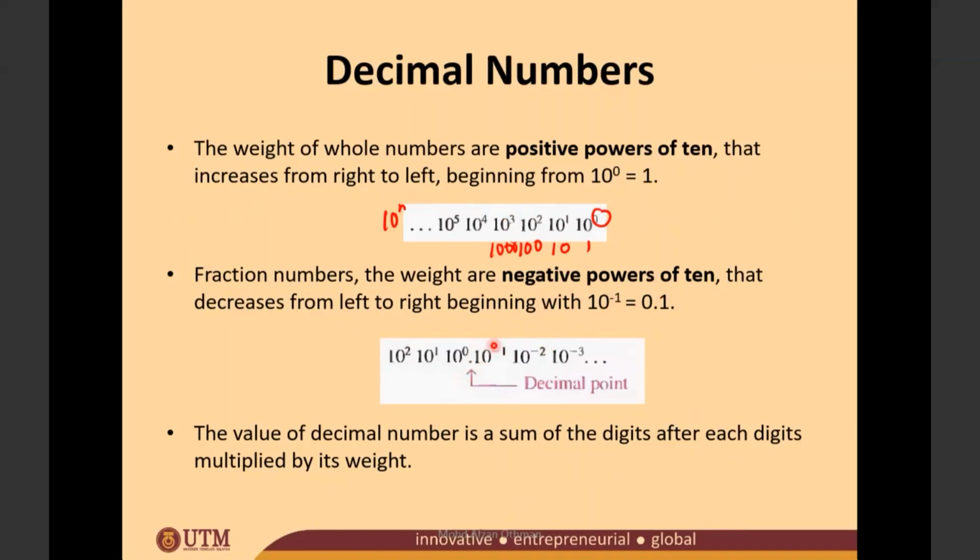It will keep decreasing to the right. So first, what you need to do is locate the decimal point. It is the same regardless of the number: if you have a fractional number, you first have to find the decimal point here.